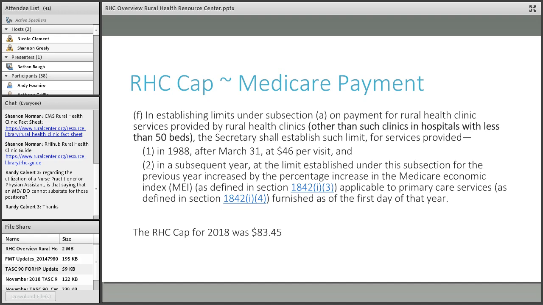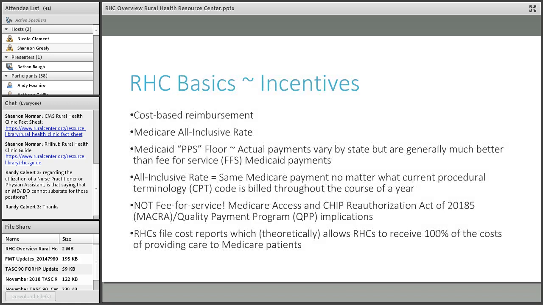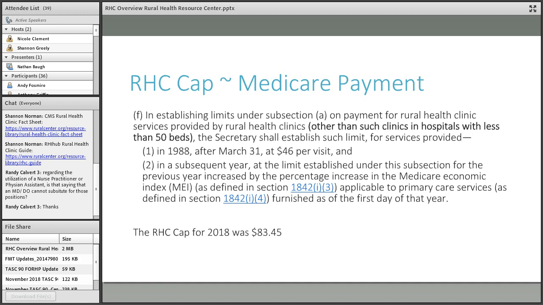They would have to have a PA or an NP in the rural health clinic at least 50% of the time. We don't really get into this fight because it's not a scope of practice issue exactly, but it's kind of for the NPs, PAs, and the physician community to work out.